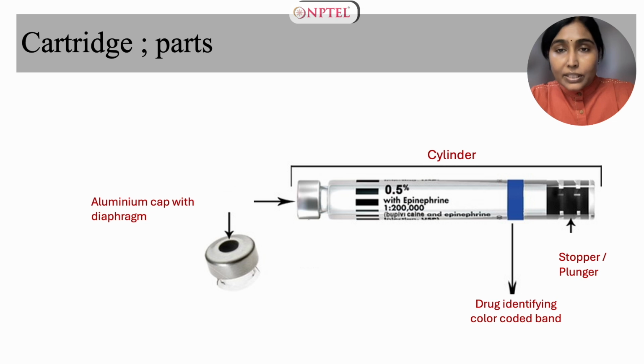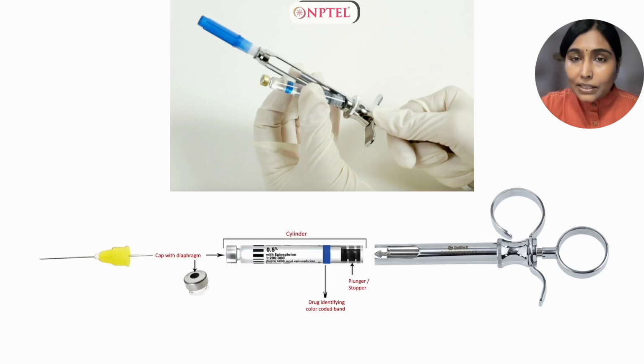The diaphragm is made of rubber, and this is where the needle is inserted. Here is the position of the cartridge in relation to the syringe as well as the needle. The harpoon on the plunger of the aspirating syringe engages the rubber stopper located at one end of the cartridge. The rubber diaphragm allows for penetration of the needle into the anesthetic cartridge.